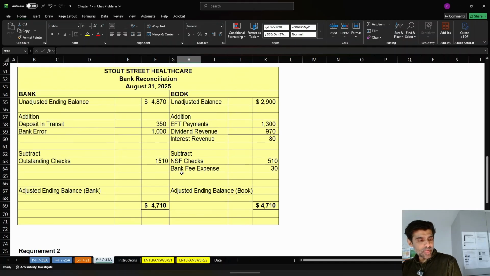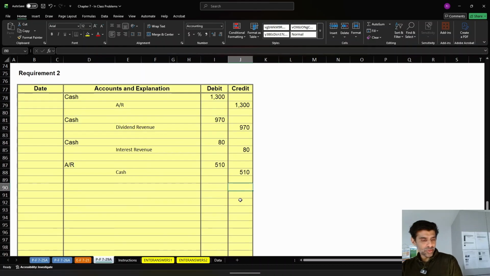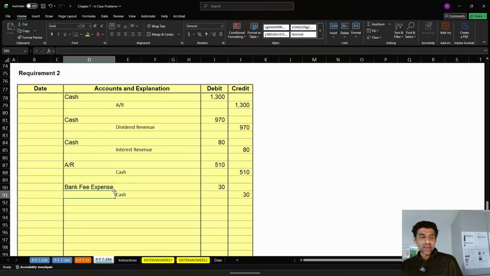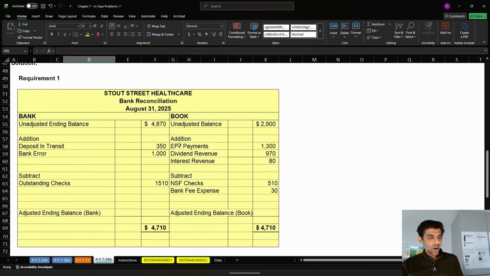Yeah? Okay. And then this one is also a credit to cash, $30, and it's for bank fee expense. So again, as we saw here, all on the book side, all of these adjustments need a journal entry.